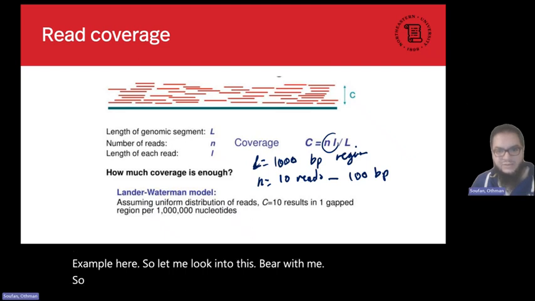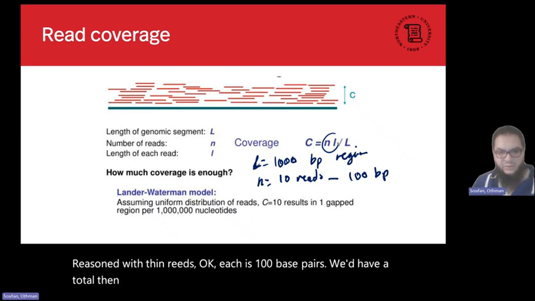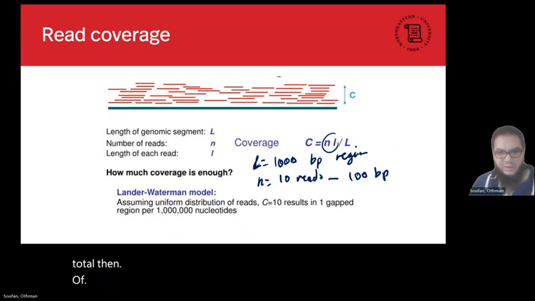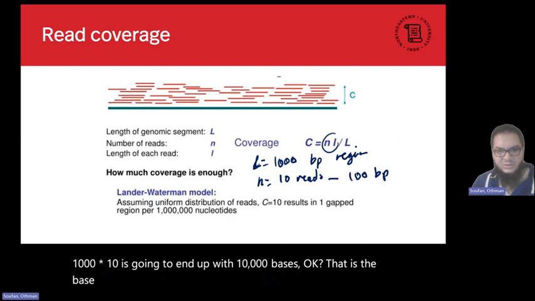We're trying to have a 1,000 base pairs region with 10 reads, each is 100 base pairs. We'd have a total then of 1,000 times 10, which is going to end up with 10,000 bases.